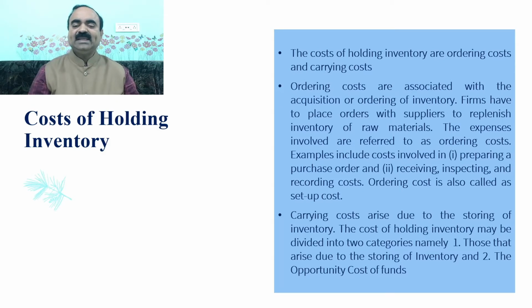The expenses involved are referred to as ordering costs. Examples include costs involved in 1. Preparing a purchase order, and 2. Receiving, inspecting, and recording costs. Ordering cost is also called setup cost.